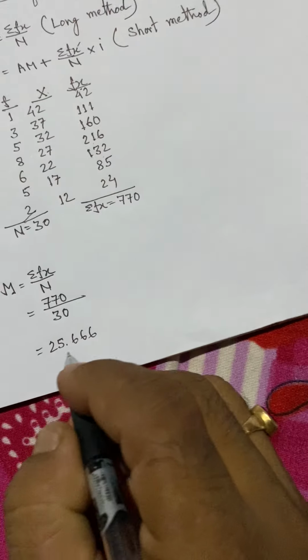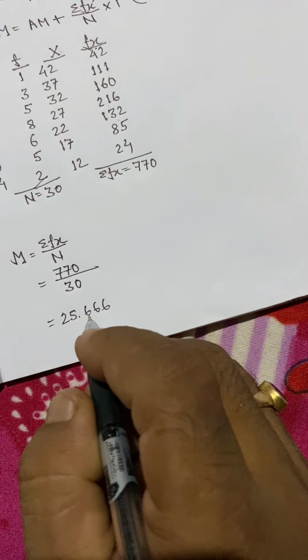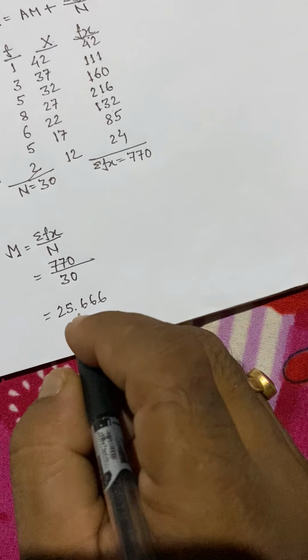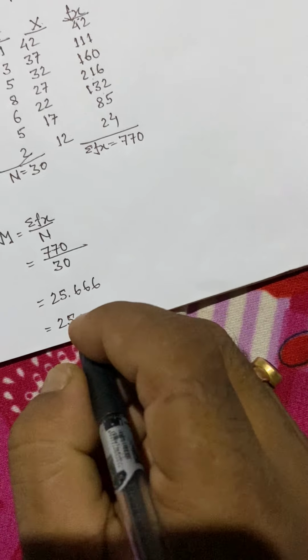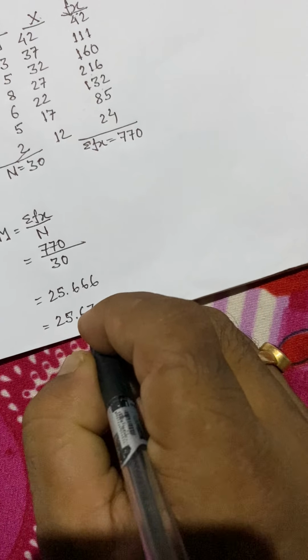So after the decimal, you have to take only 2 digits, that is 25.67.